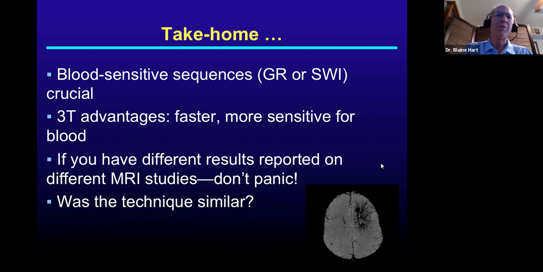Was it a 1.5 Tesla magnet versus a 3 Tesla magnet? Did one MRI performed using susceptibility weighted imaging? That might show twice as many small ones as in a different sequence. That doesn't mean there are more. It just means there may be technical differences.